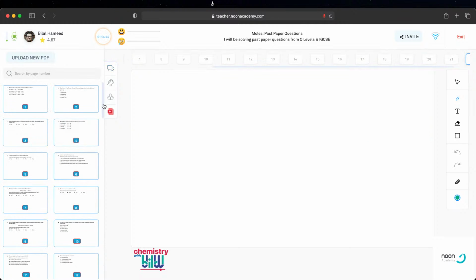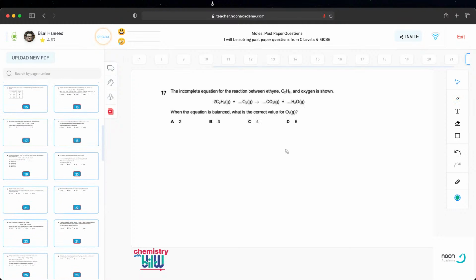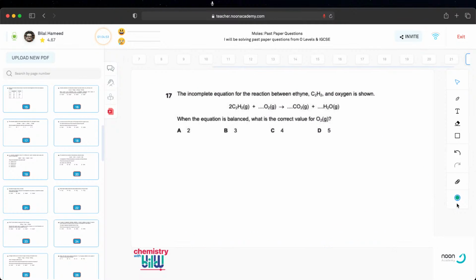All right. Then number 17 on my list. Okay. Here you go. Let's do this one. Balancing equations. 2C2H4 plus O2 becoming CO2 and H2O, right? So, how do we do this?